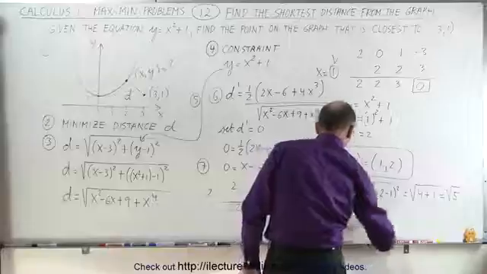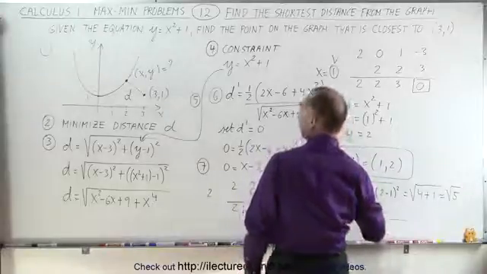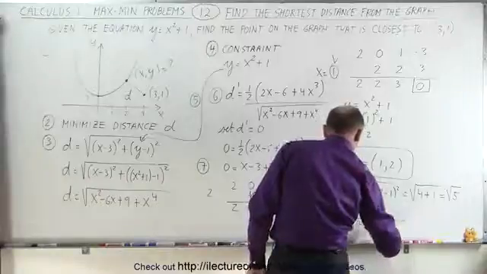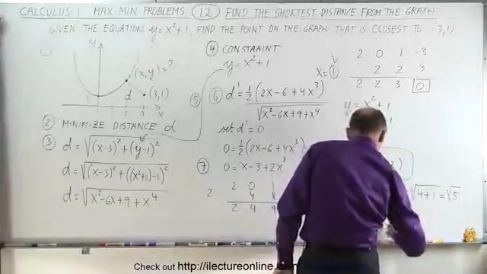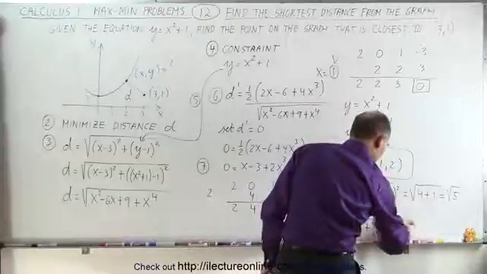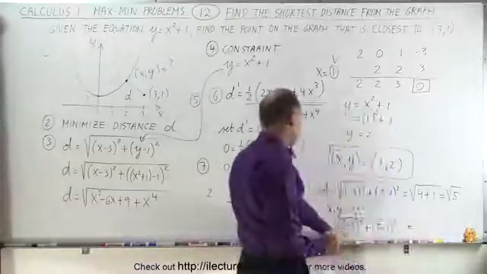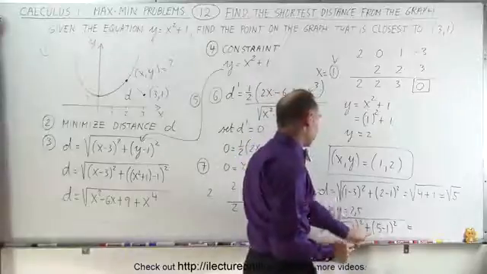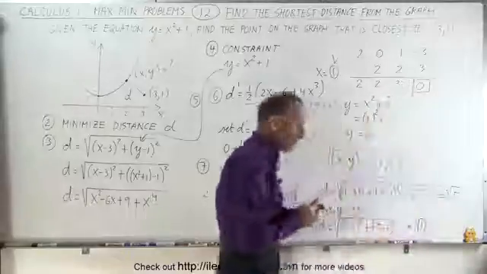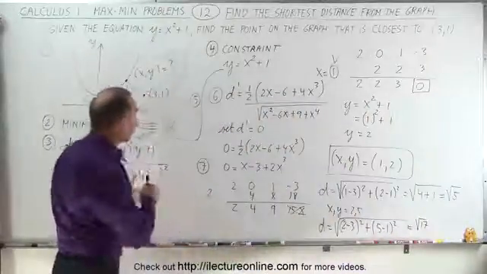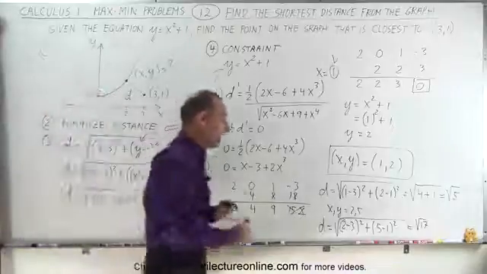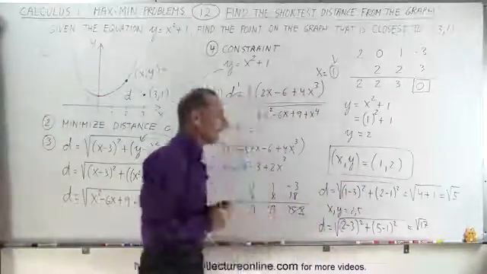Distance is equal to the square root of 2 minus 3 squared plus 5 minus 1 squared, which gives us 1 plus 16. That would be the square root of 17, which of course is bigger than the square root of 5. So we can take a point on the other side, and again you'll notice that the number becomes bigger. And so we probably found the correct value for the point on the graph.